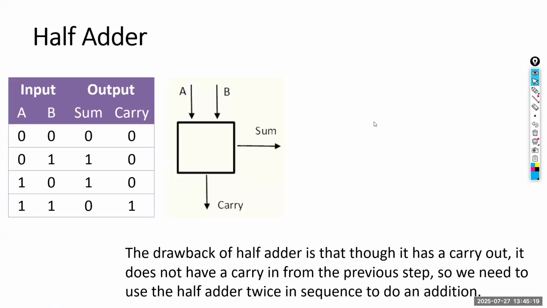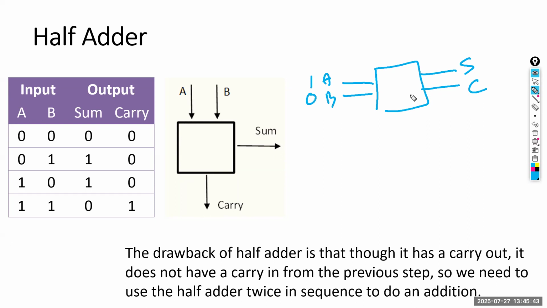Right, half adder. Half adder is a combinational circuit component which has two inputs and two outputs. Two inputs, two outputs. Say inputs are A, B, outputs are S and C, sum and carry. For example, your two inputs are 1 and 0, sum is 1, carry is 0.